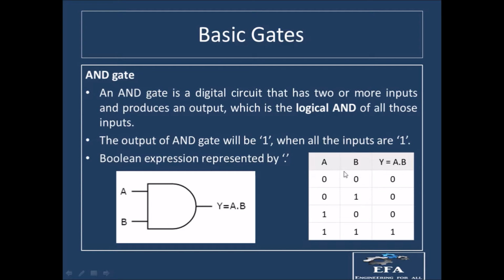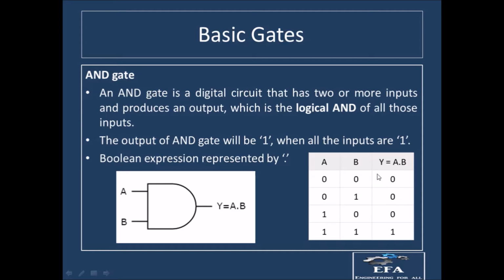For every logic gate there is a truth table which represents the input and output relationship. Here A and B are the input lines and Y is our output, which depends upon A and B. Y is equal to A dot B.